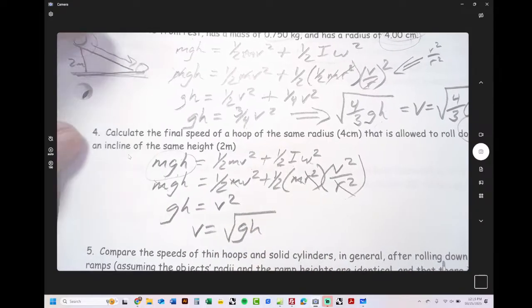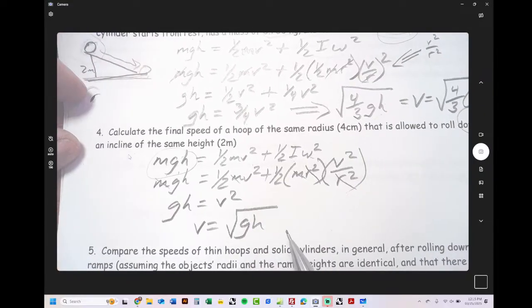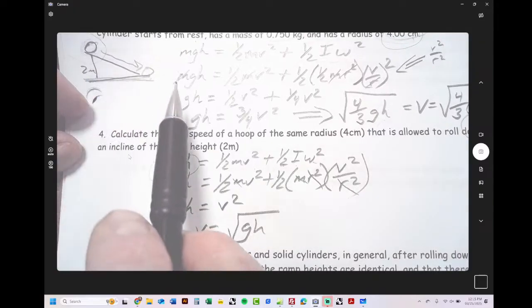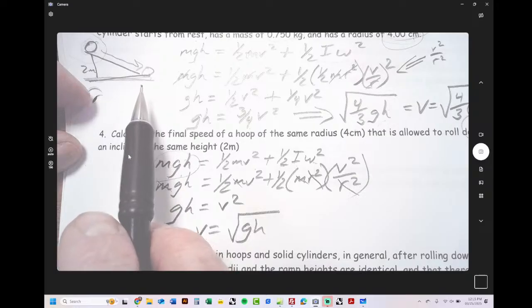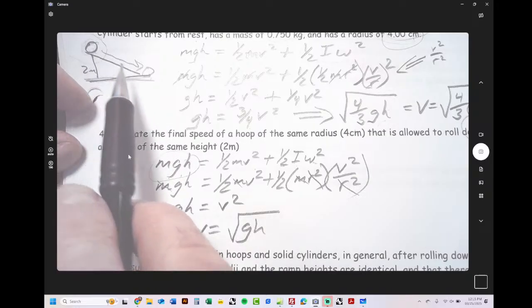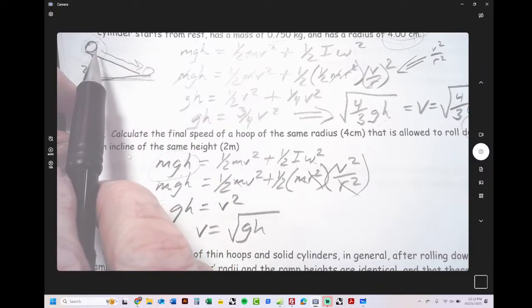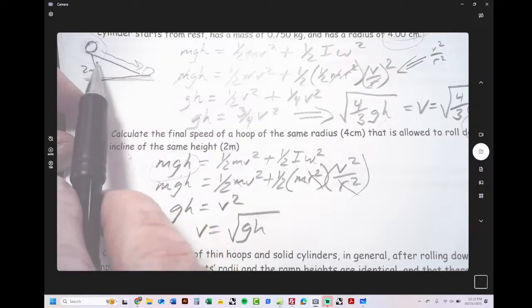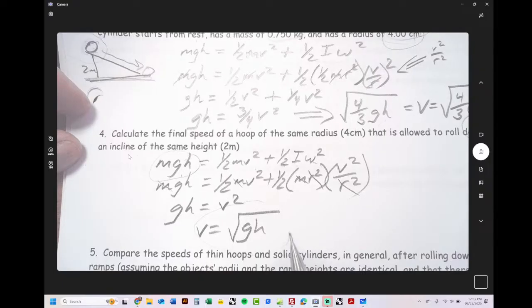Now, do you remember? This is a fun question. You remember when we were doing this in just the energy unit, and we were talking about frictionless things, what would the speed of something be if you either let it slide frictionlessly to the end of this ramp or you let it drop directly down? Does anybody remember what that comes out to?